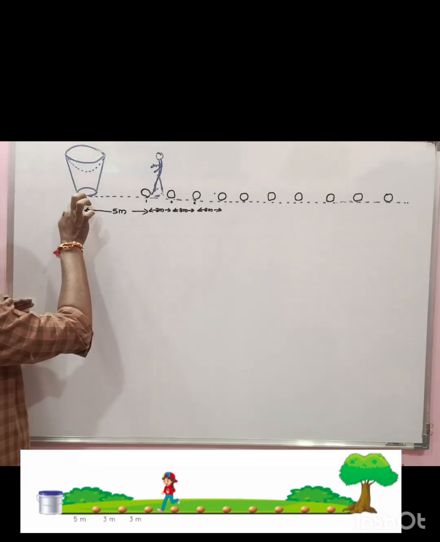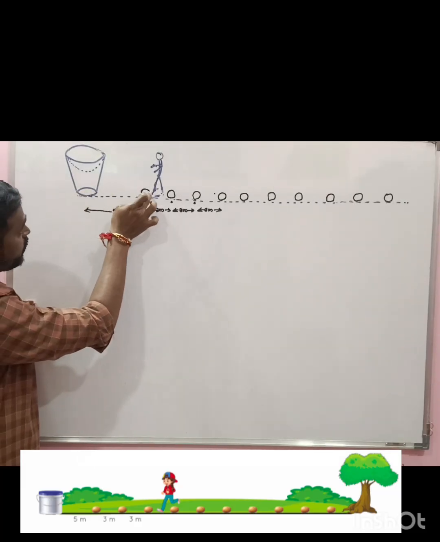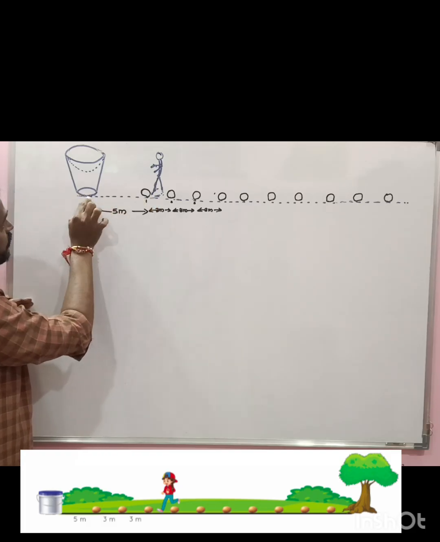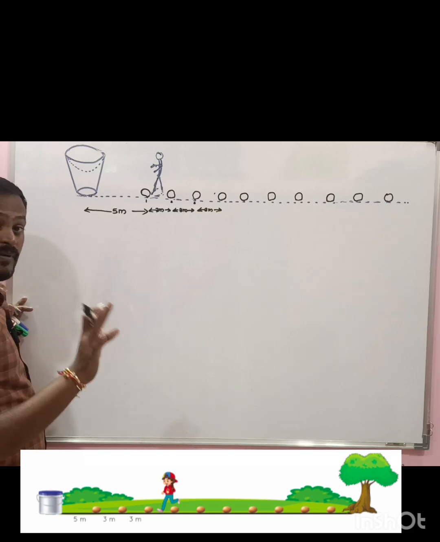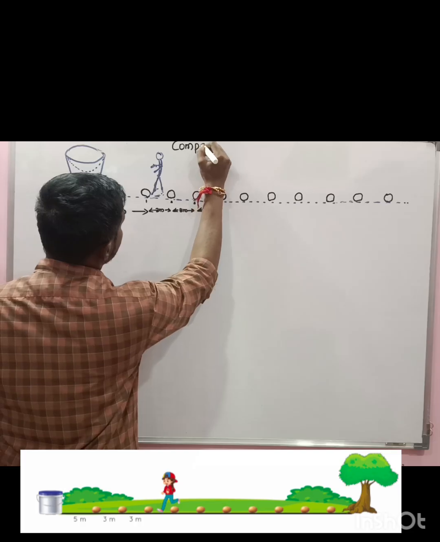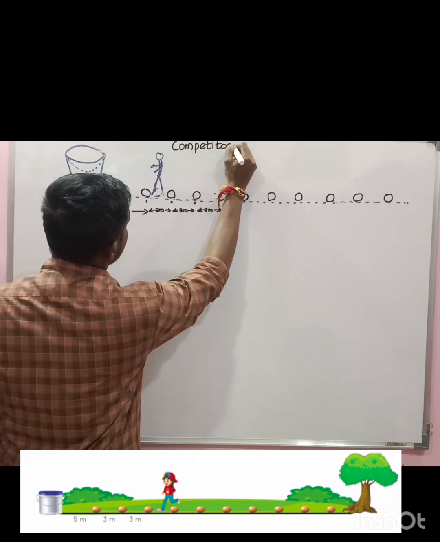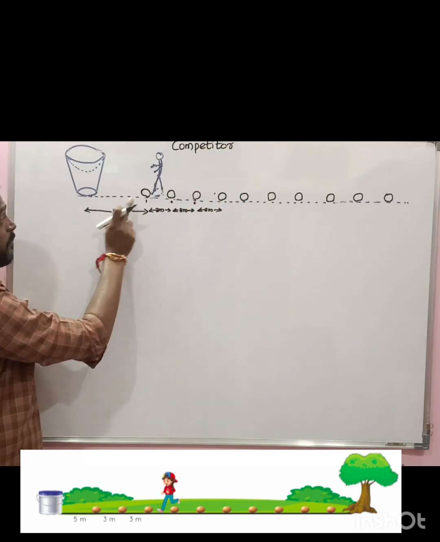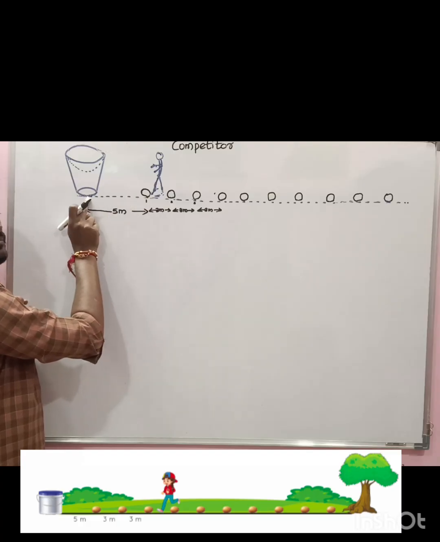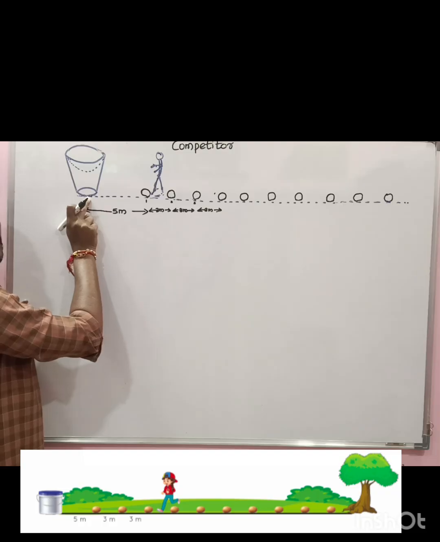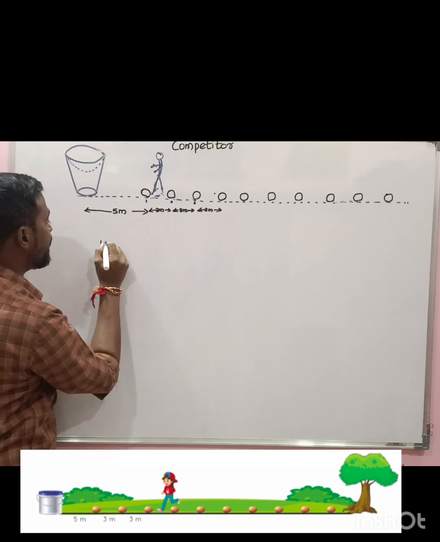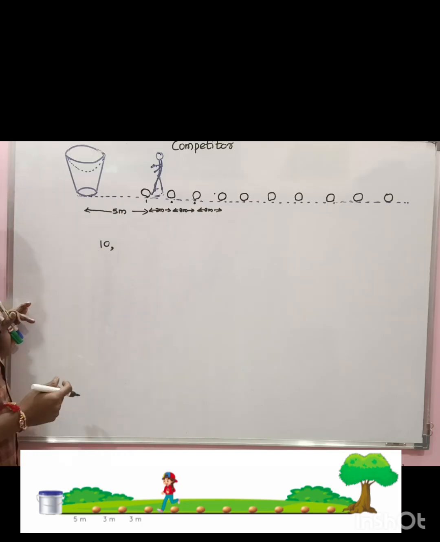The competitor will start from the bucket, run up to the first potato and bring it back to the bucket. That means while going 5 meters and coming 5 meters, the distance traveled is 10 meters. Correct?